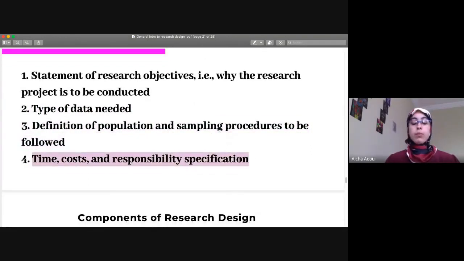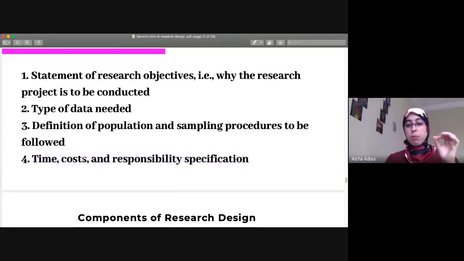For those who are, we are talking about PhD, for those who are working and doing their doctoral studies at the same time, they have a really big task. How are you going to manage your time and your costs and the other responsibilities that you have while doing research? It is a big question. But again, this is not what this section is about.